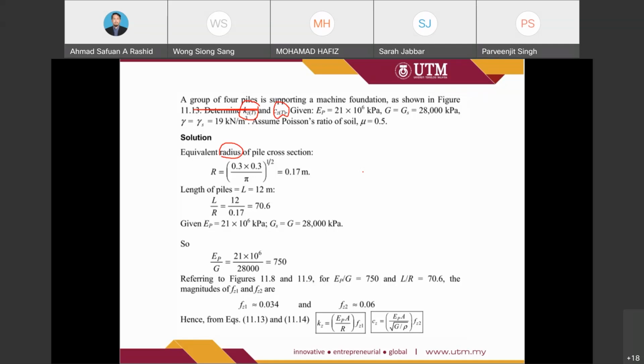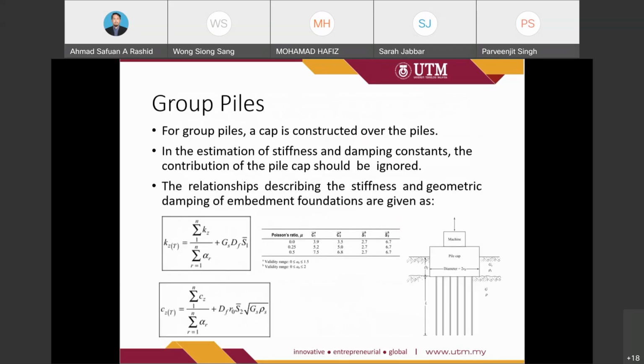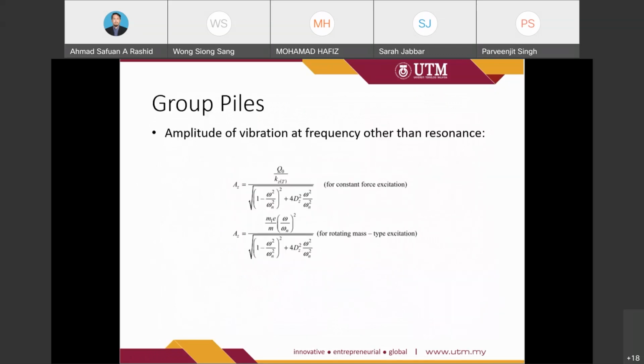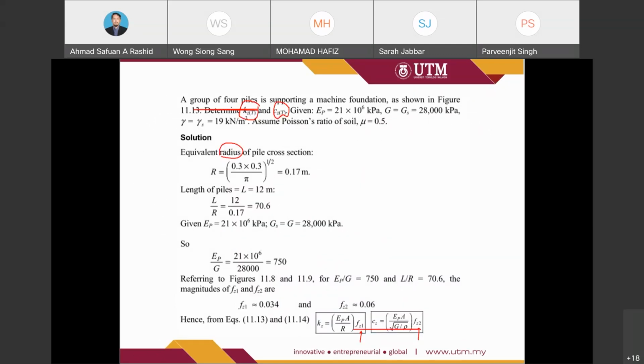Okay, so from there, we need to determine FZ1 and FZ2. To get the values of FZ1 and FZ2, we may refer to this chart, which is why we calculate L over R, then EP over G. So FZ1 and FZ2 are equal to 0.034 and 0.06.